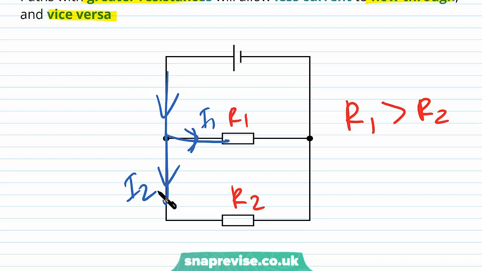And this is because we've seen previously that a higher resistance means a bigger resistance to current flow. So it allows less current to flow through it. So if, in this case, R1 is greater than R2, that means I1 will be less than I2. So the second resistor with a lower resistance R2 is going to resist the flow of current less effectively. So that means more current will flow through that branch.